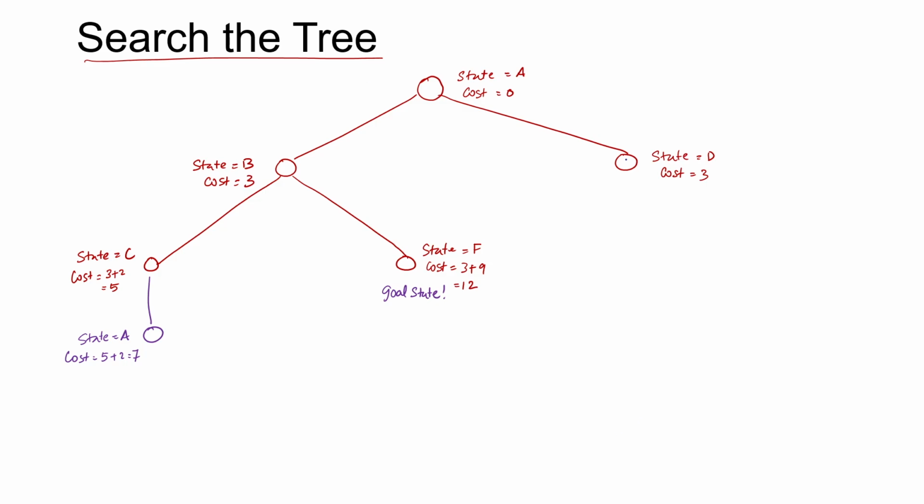I can still continue to expand all of these things and then go from there, but I have reached the goal, but to reach the goal I have spent 12. Now, the question here is, is this the best, or in another way, did we minimize total cost?